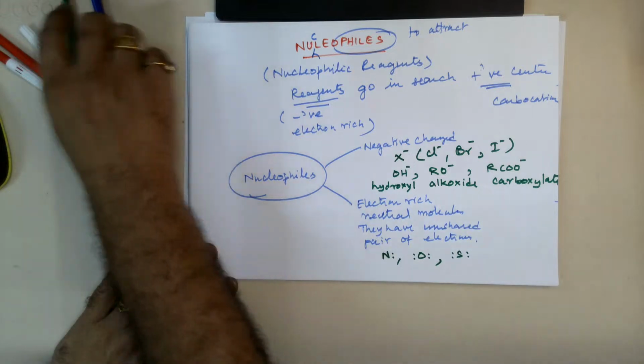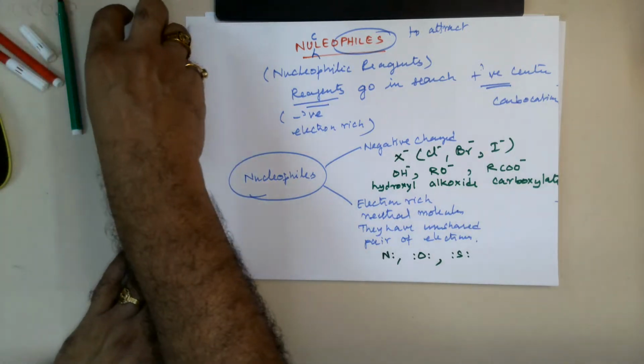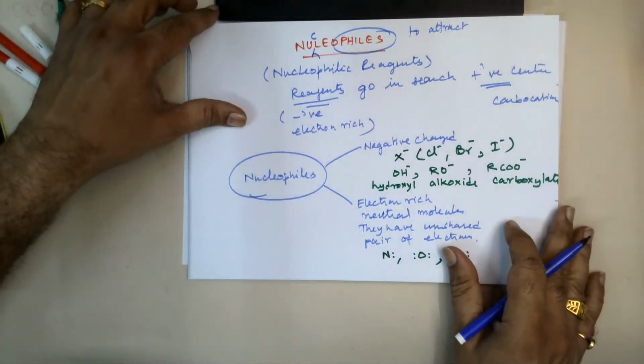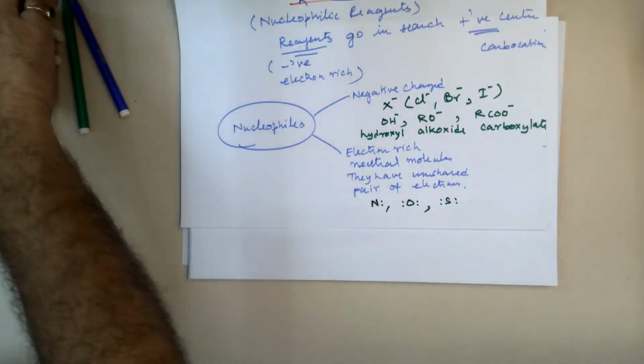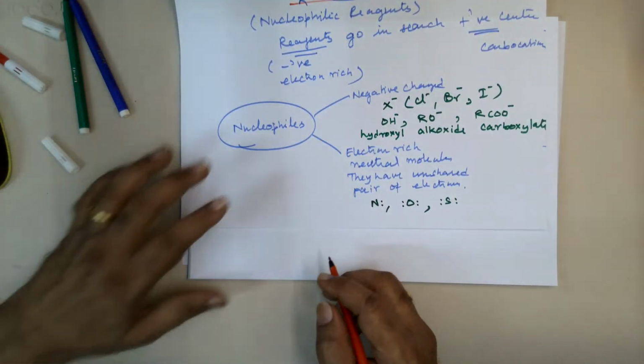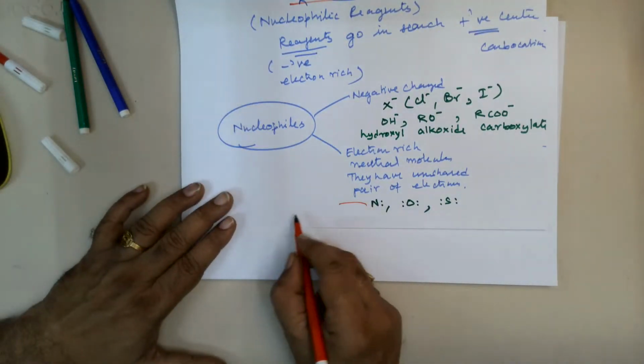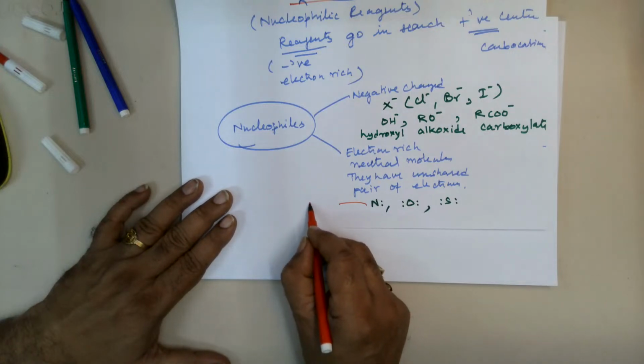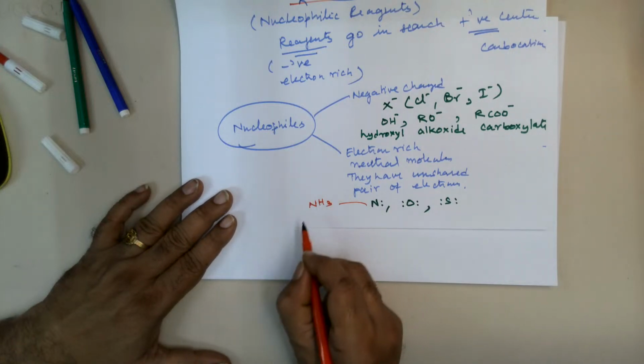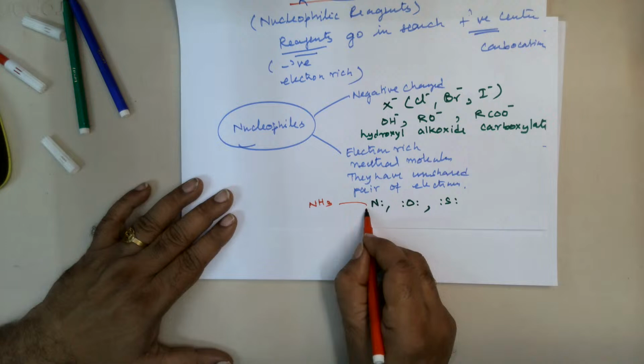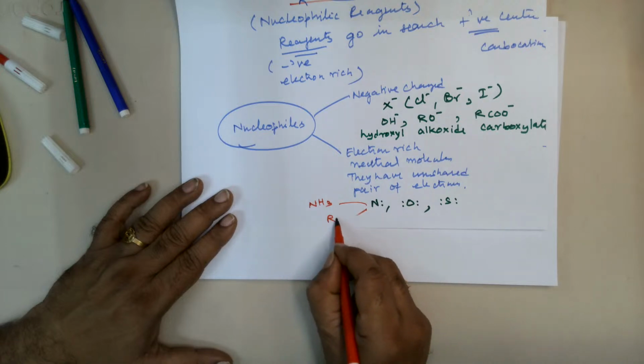So nitrogen is present in ammonia and amine as NH3 and then amine, NH2.